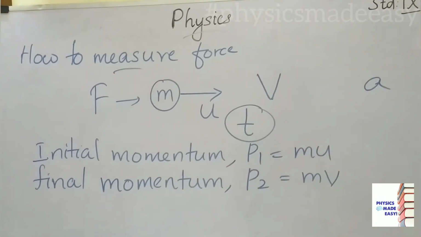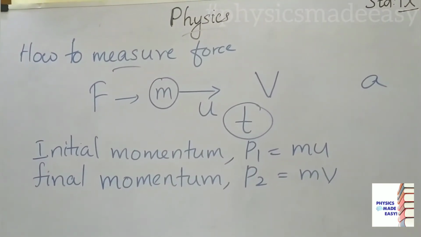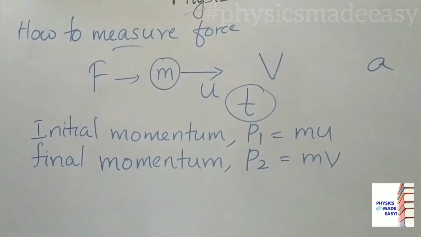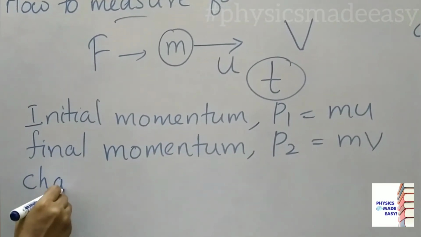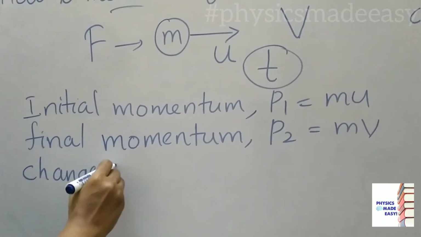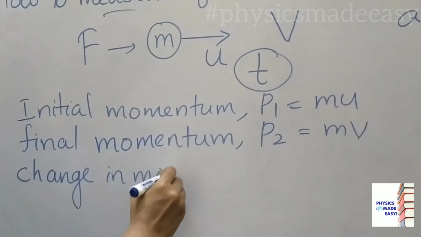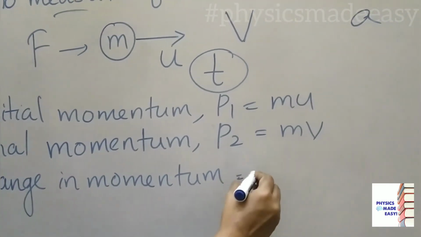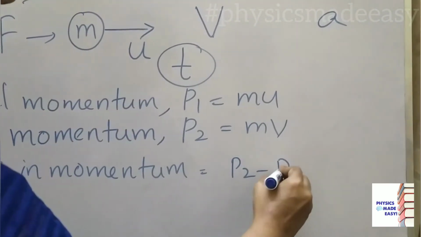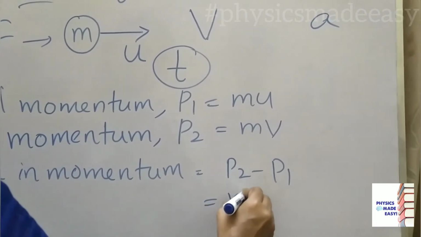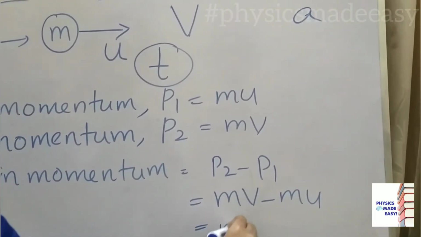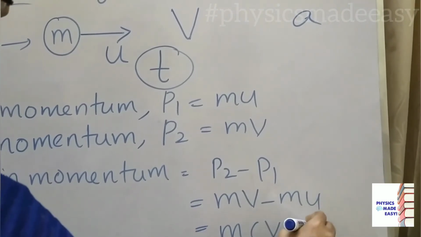In our law, we have to find rate of change of momentum. The next step, we have to write change in momentum or change of momentum. That is P2 minus P1. Then you can write this as mv minus mu, m into v minus u.